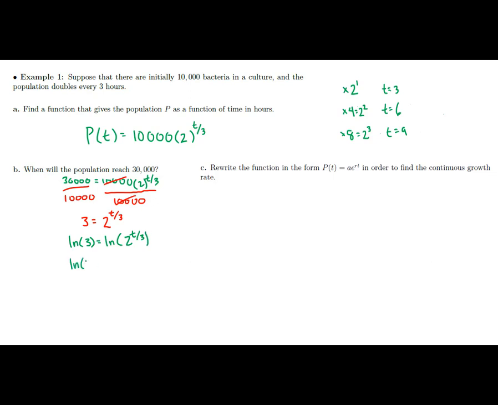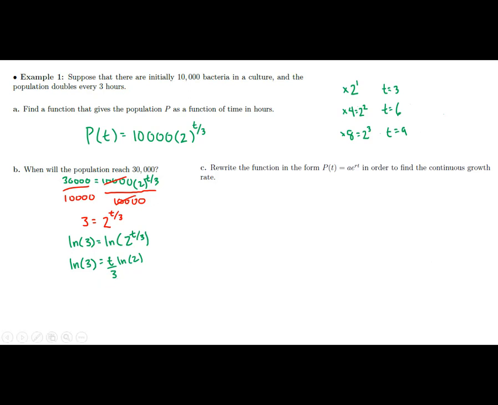So the natural log of 3 is t over 3 times the natural log of 2, bringing that exponent down. And then, natural log of 2 and 3, those are just numbers.